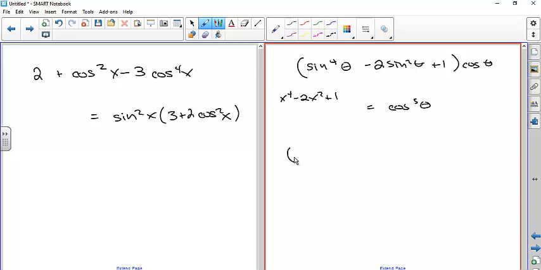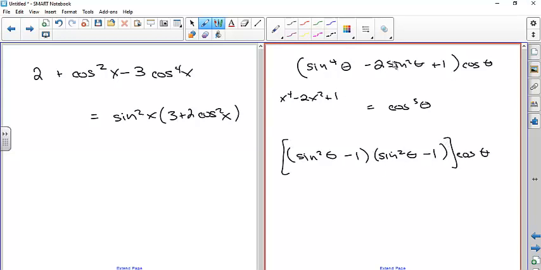So what you'd end up with is sine squared of theta minus 1 times the sine squared of theta minus 1. If you FOIL this, you'll get sine to the fourth, minus sine squared theta, another minus sine squared theta gets you minus 2 sine squared theta, and then negative 1 times negative 1 is positive 1. So there's all that multiplied by the cosine of theta.